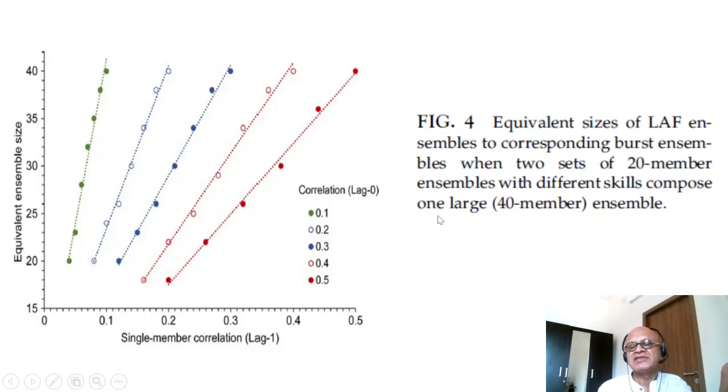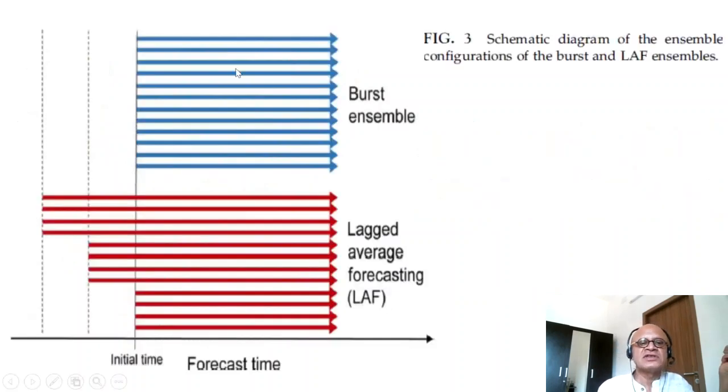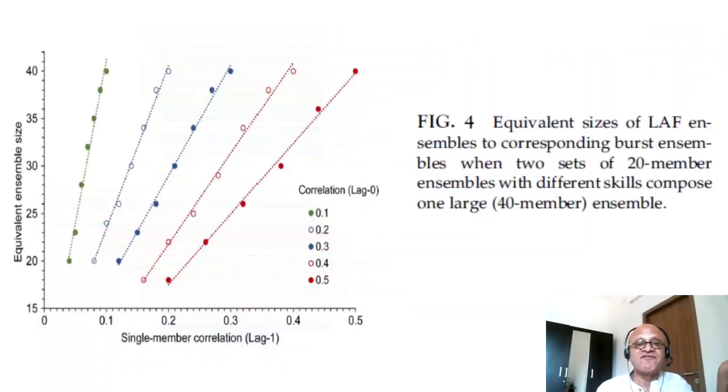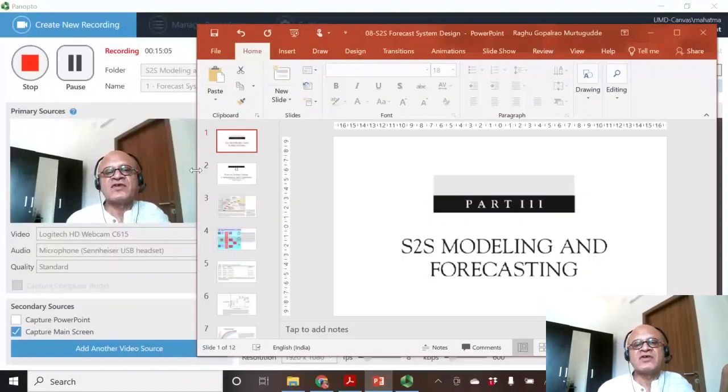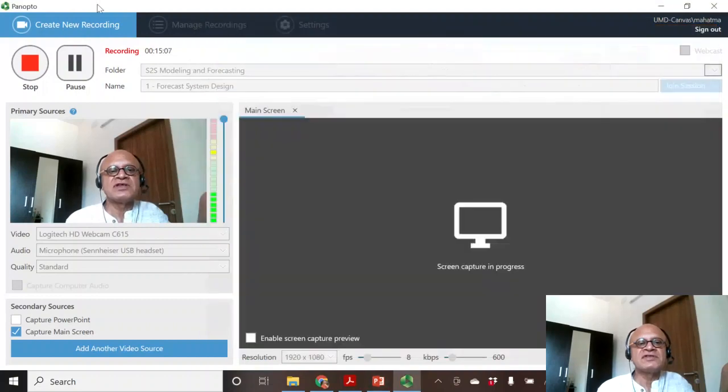But the main message here is that a 30-member ensemble of a burst forecast system seems to do as well as a 40-member ensemble of a lagged average forecast system, but computational efficiency and other details can be different in this case. Okay, so we kind of ran through this, but we will revisit many of the issues.